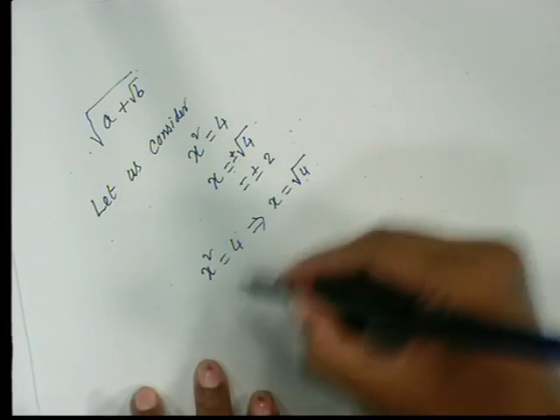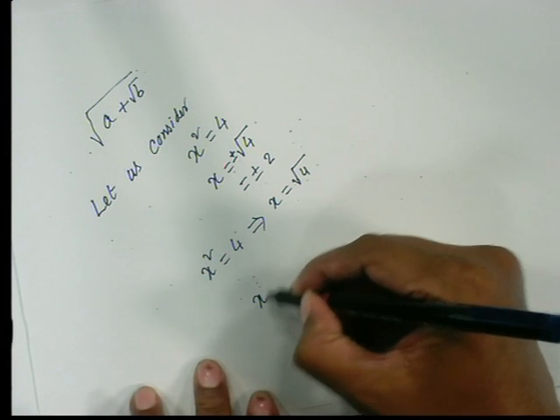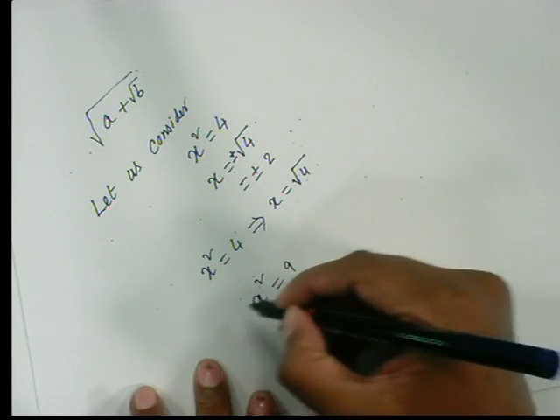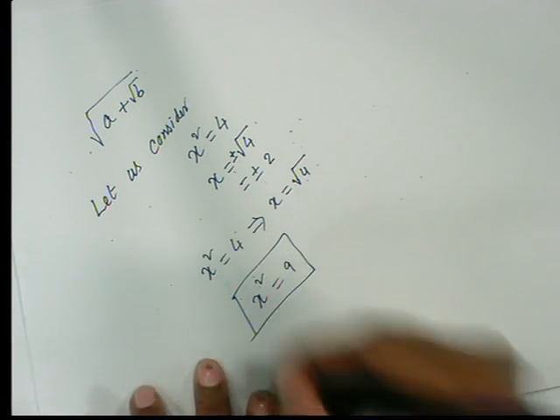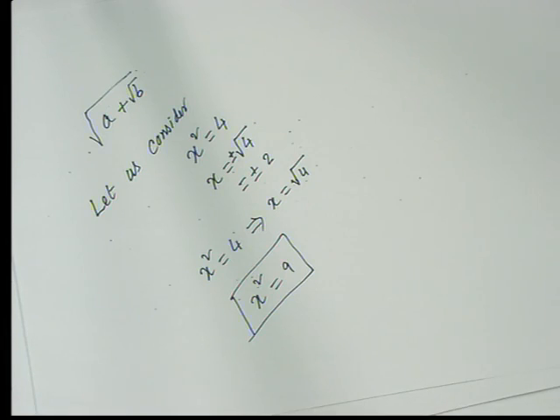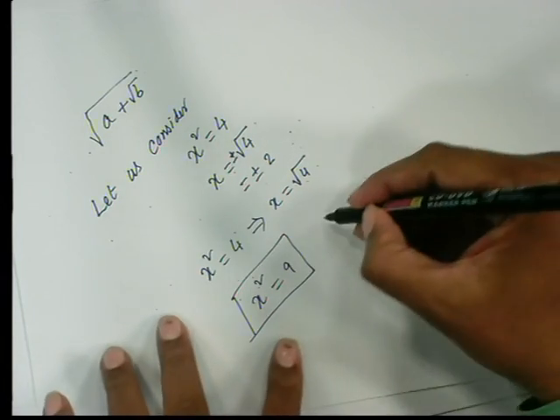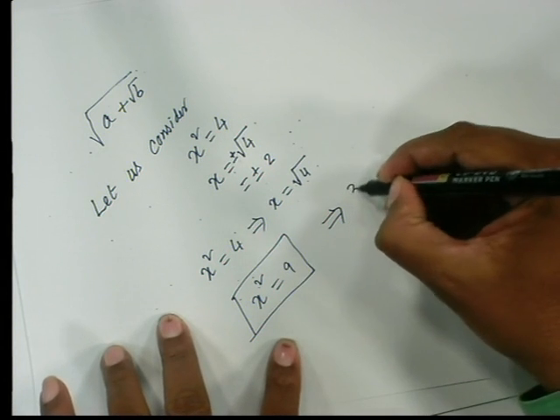Now I give one statement, x square is equal to 9, a mathematical statement. Generally in logic we study the converse of the statement also. Suppose x square is equal to 9, what is the converse of this statement? Or simply we can write like this, 3 square is equal to 9.